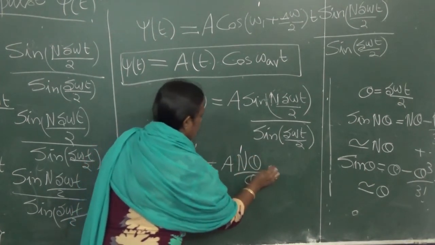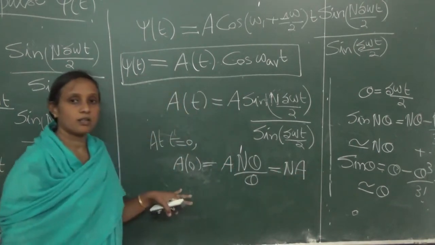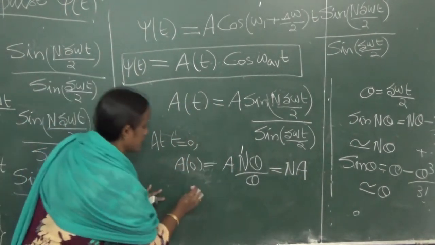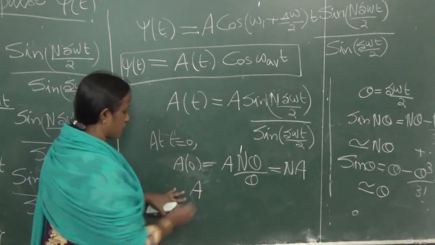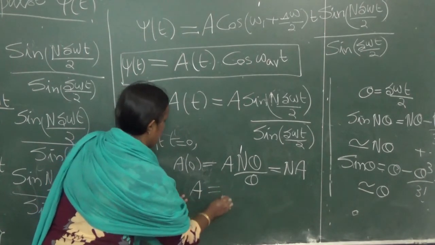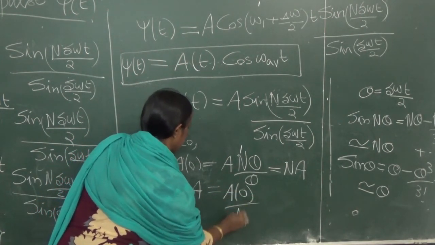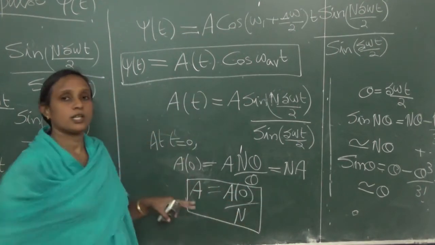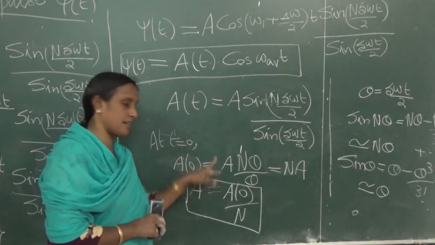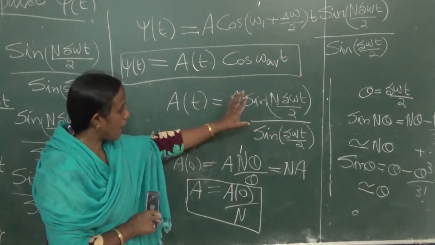Theta cancels out, you get n into A. So this constant amplitude A, the unknown quantity, is given by A(0) by n. So, using the initial condition, you can write the expression for amplitude.